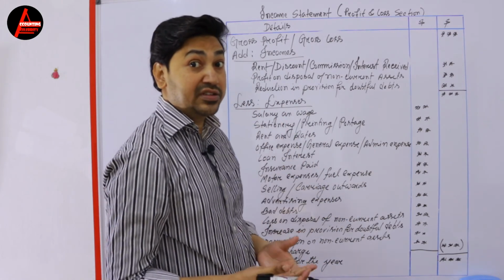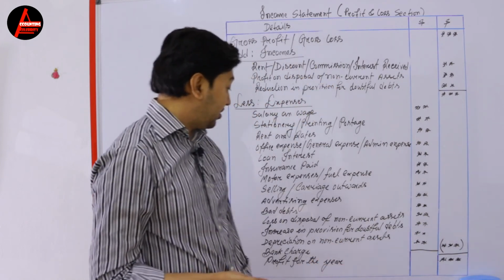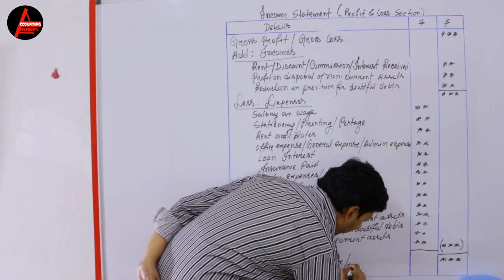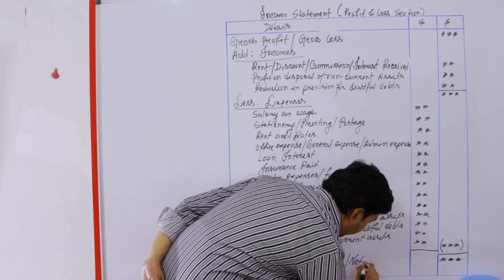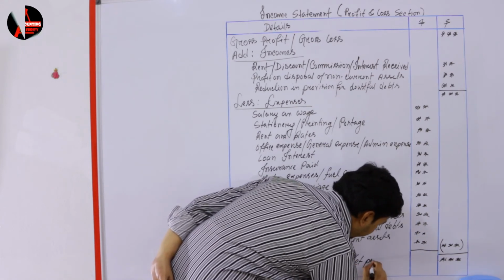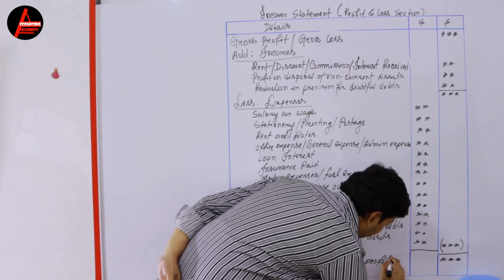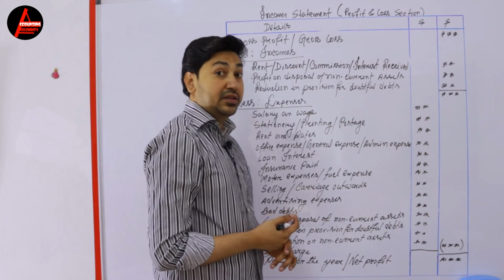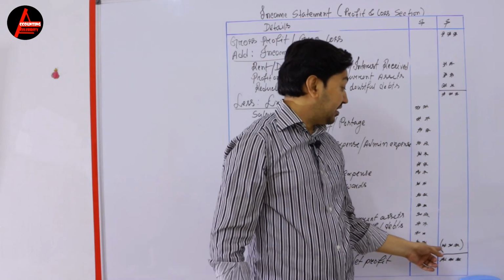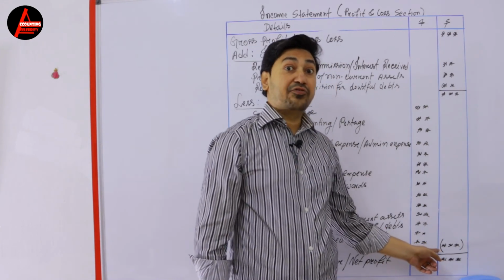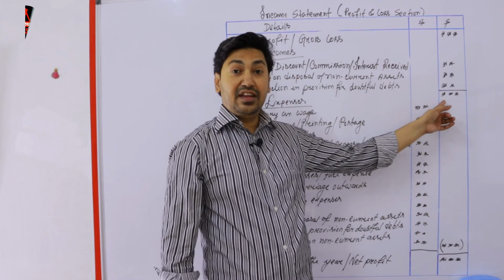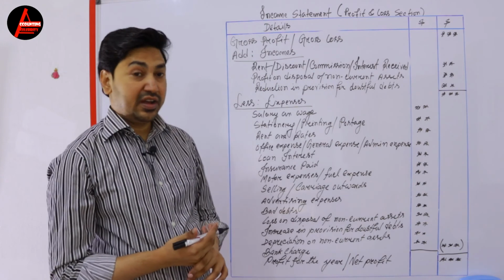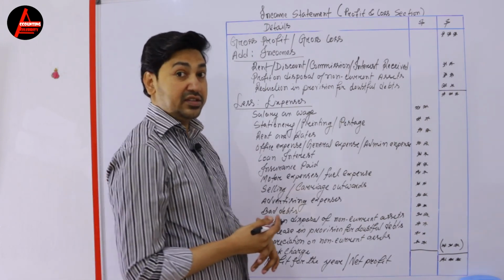In some countries, some areas, it is also called net profit. So profit for the year or net profit, whatever you like. But if this amount is greater than this, then it will be net loss or loss for the year. Okay, so don't forget.